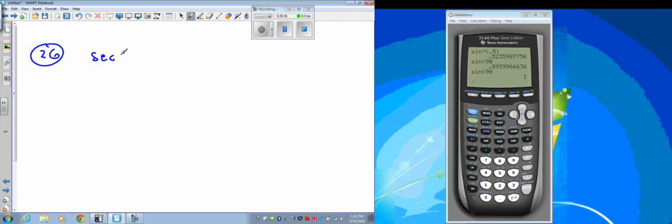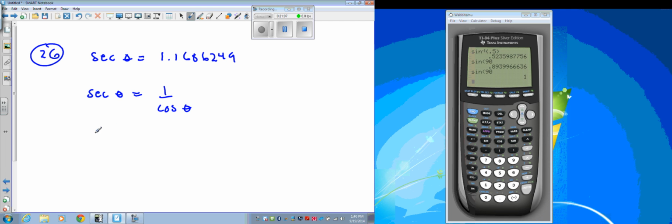Secant of theta equals 1.1606249. All right, we don't have a secant button, so we can't go inverse secant, right? But secant is equal to 1 over cosine.